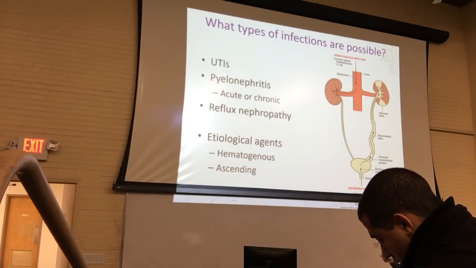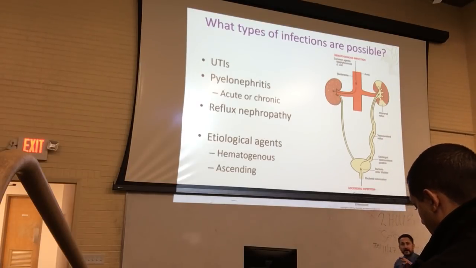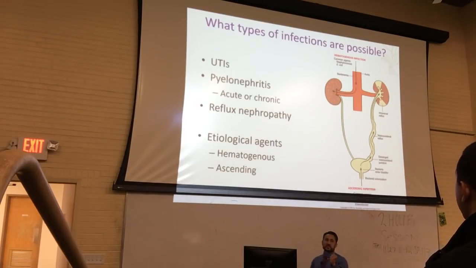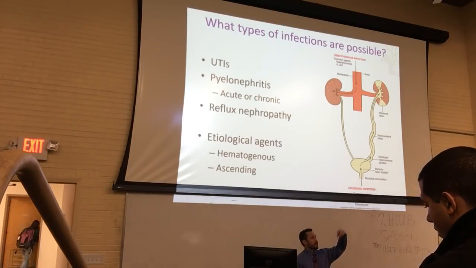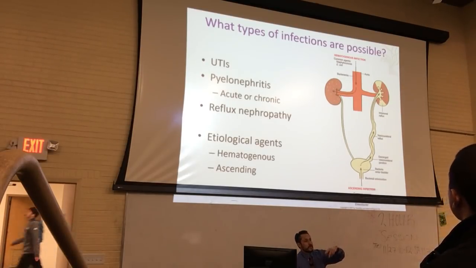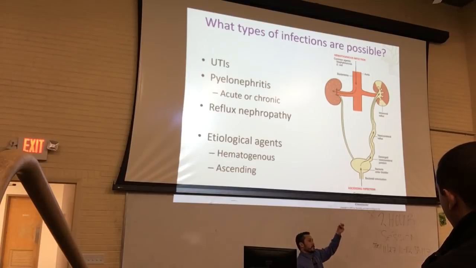And then the reflux nephropathy: there's this natural reflux that takes place within urine outflow after the sphincters close. There's a little bit of a reflux to bring fluid back retrograde slightly. So you already kind of have a slight vacuum. If there's anything in the urethra, it's going to be brought up as a contaminant.